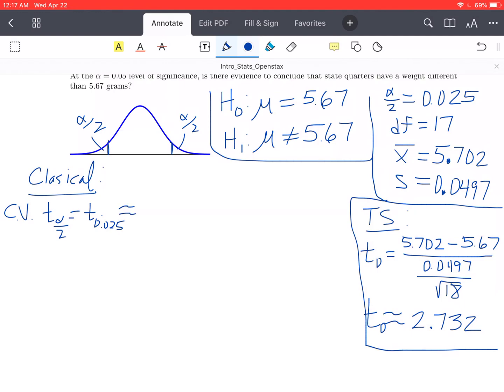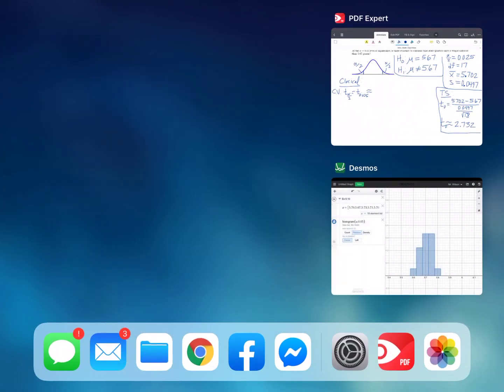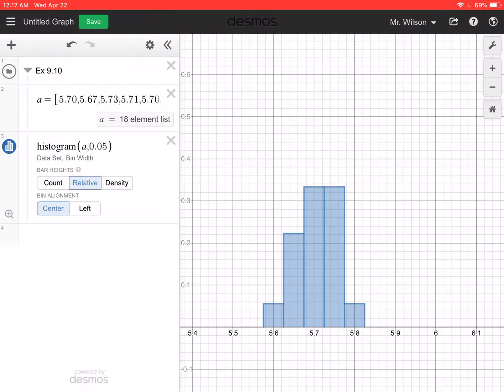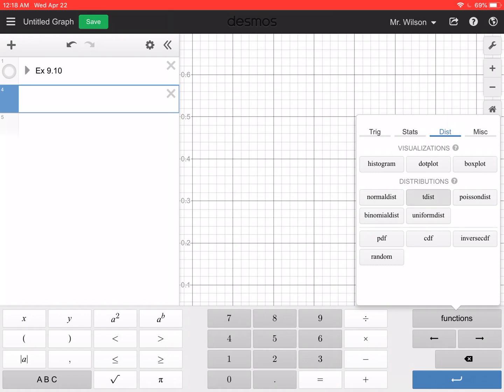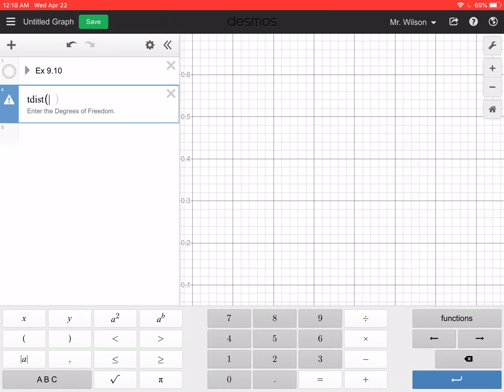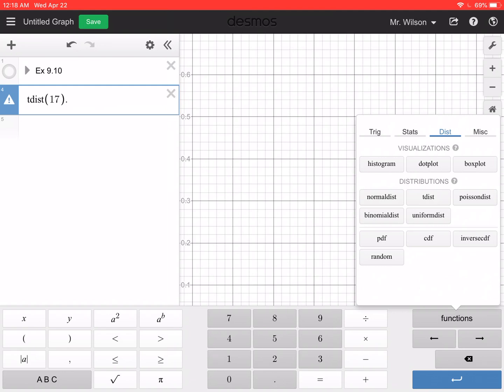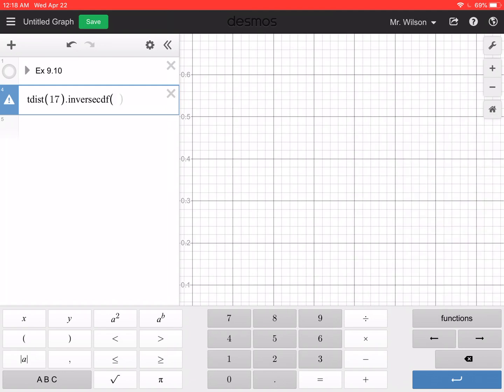Let's go on to Desmos and look at this, because this one does use a t-distribution, so I want to touch on that. It's slightly different, so it's t-dist right there. Enter in the degrees of freedom, which is 17. And now we are finding the t-score that corresponds to this alpha value.